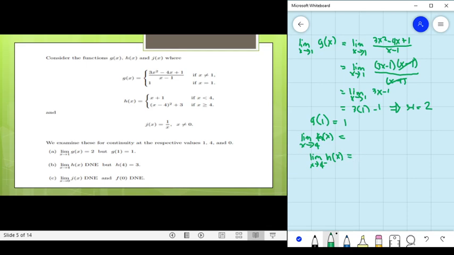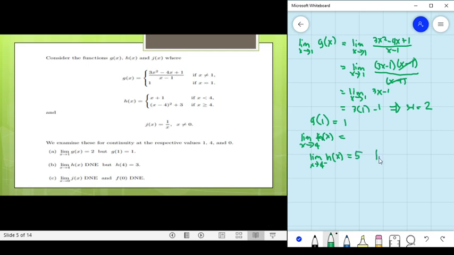From the left, we are going to evaluate x plus 1 because x is less than 4. So 4 plus 1 equals 5.